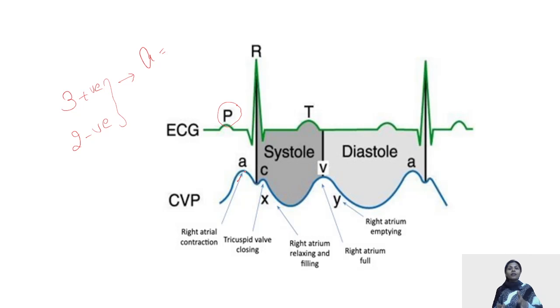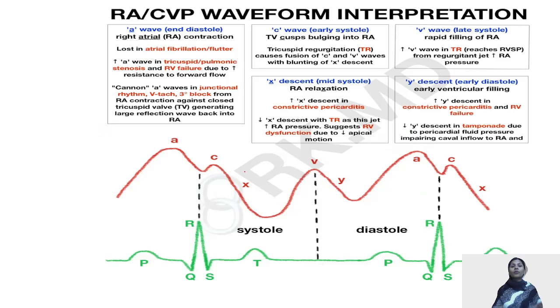So these are the various waves of your CVP tracing. I'll repeat because this is very important to know. First is the A wave. The A wave is when the right atrium contracts. Then we have this positive upstroke at the end of the diastolic phase.